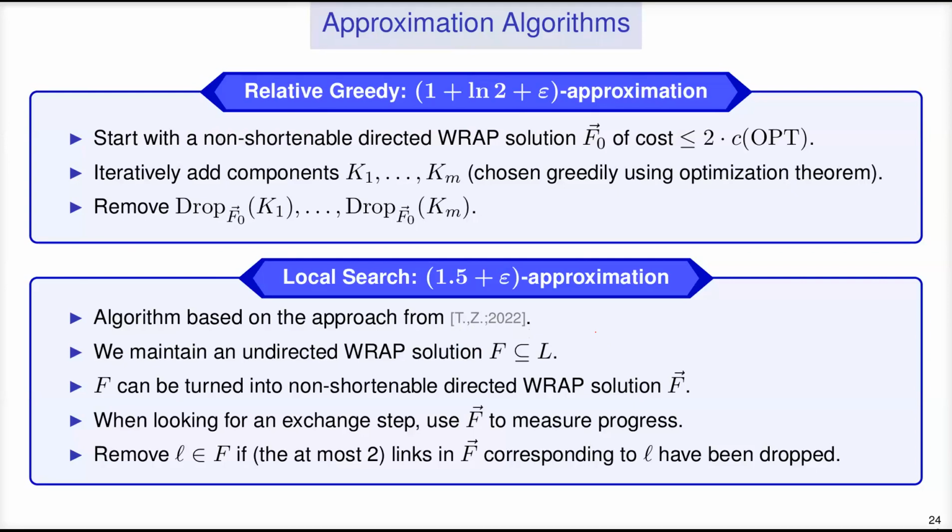One can improve that by also looking at local exchange steps. A local search procedure also tries to improve on those links added previously. On a high level, the idea is that the previously added links also get bidirected and then also enter the analysis in a similar way as the original links did.